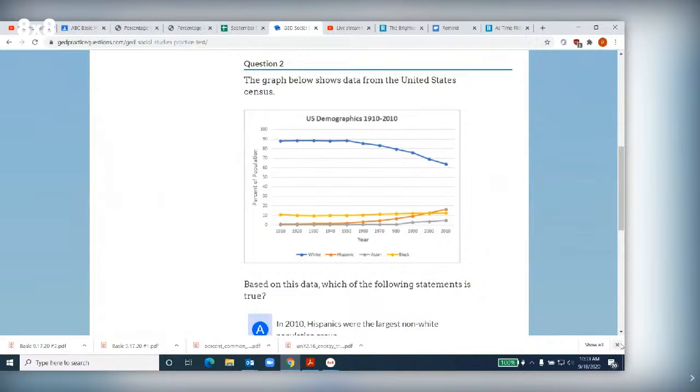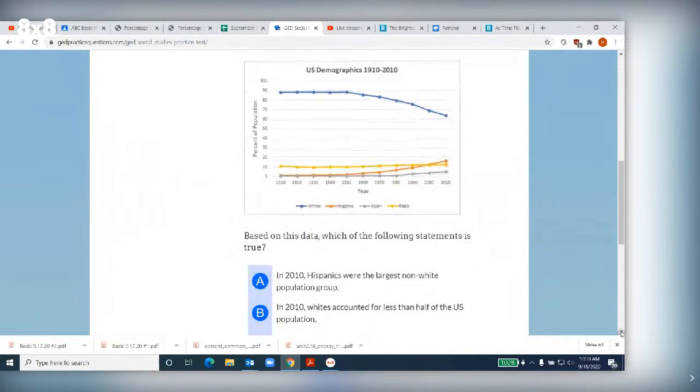Based on this data, which of the following statements is true? In 2010, Hispanics were the largest non-white population. If you go up here to Hispanic, you see that that one is true. So just by looking at A, you know that is a true statement. We'll keep going. In 2010, whites account for less than half the US population.